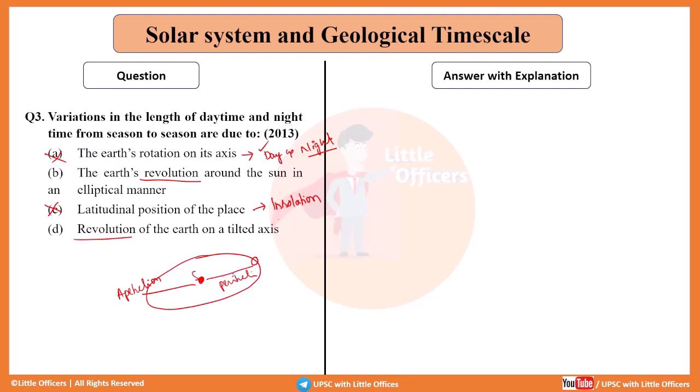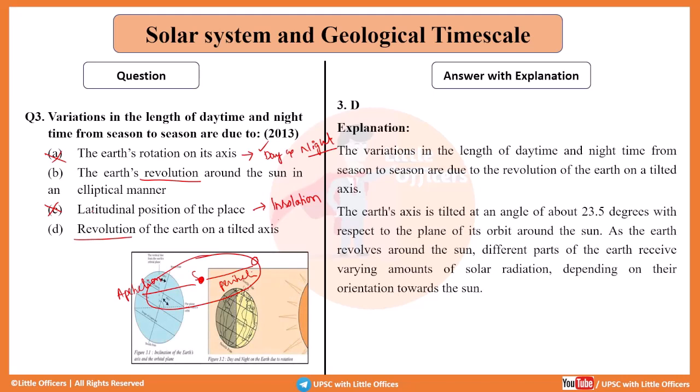Even this difference in insolation is not going to affect much, because there will be distribution of this insolation, the latitudinal heat balance that we study. So this option also, like B, earth revolving around the sun in elliptical manner, does not lead to changes in the daytime and nighttime durations.